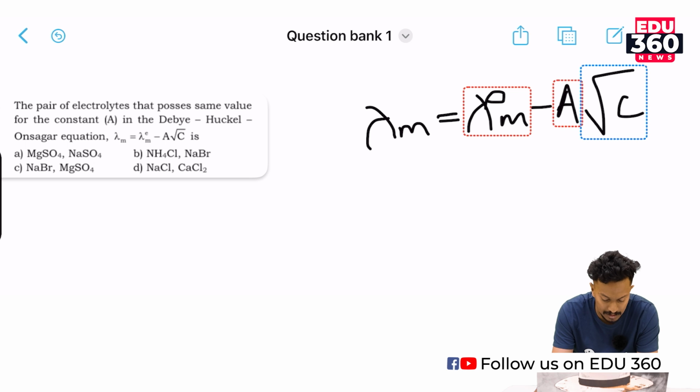Okay, the pair of electrolytes that possess the same value for the constant. So this constant A in the Onsager equation depends upon the nature of the solvent, viscosity of the solution, temperature, and the number of ions and solvation effect. See, these are the factors that the constant A depends upon.